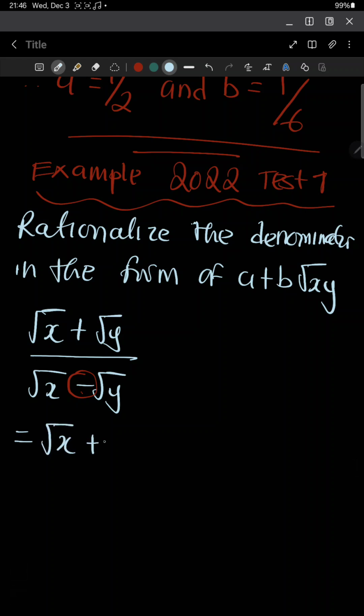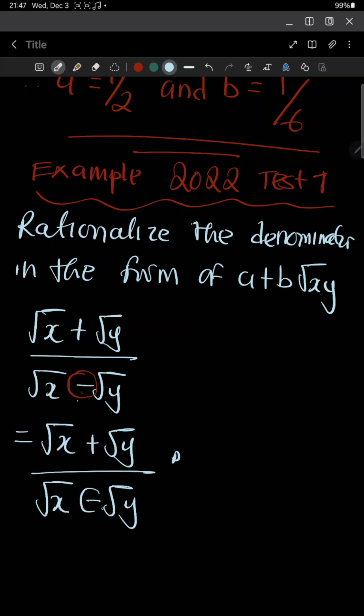Square root of x plus square root of y divided by this; the negative will change. So first we need to write it the way it was, and then we'll find the conjugate to rationalize the denominator. So the opposite of this negative is positive. So it will be square root of x plus square root of y.